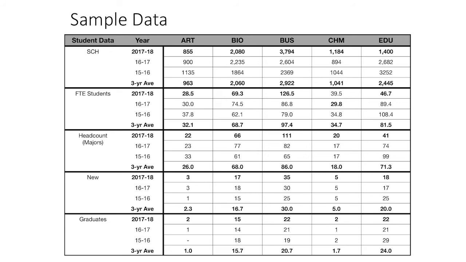So this is a very typical kind of productivity grid that you might see in a productivity study. You have two different measures of current enrollments, FTE students and head count. You have a measure of what's coming, the new students, and you have a measure of what has been in, the graduates.